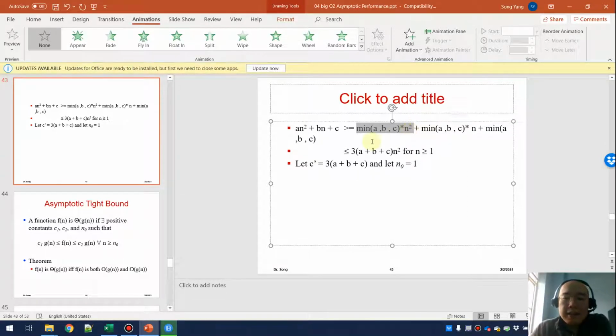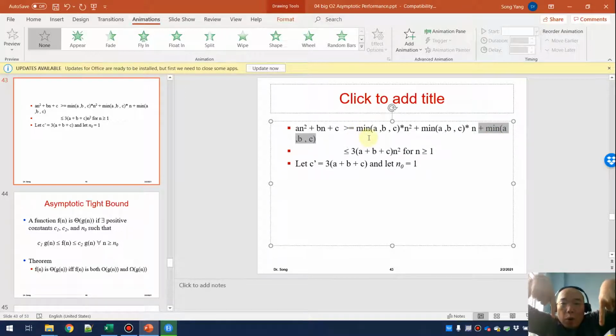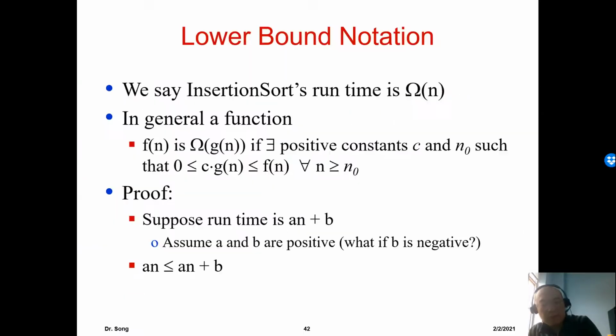And if it is, the same thing holds for the min of a, b, c multiplied by n and the min of a, b, c. So we are trying to find a lower value smaller than a n squared plus b n plus c. We are not finished yet. Our goal is to find a lower bound g(n), where a constant c multiplied by g(n) is guaranteed to be smaller or equal to f(n).